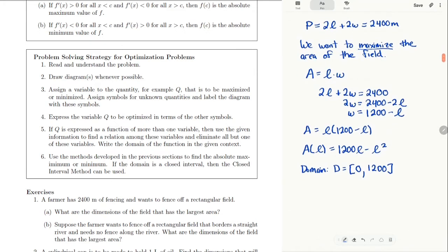So here we have a closed interval, and our function 1200L minus L squared is continuous on this domain. So we can use the closed interval method to determine the absolute maximum of this function.